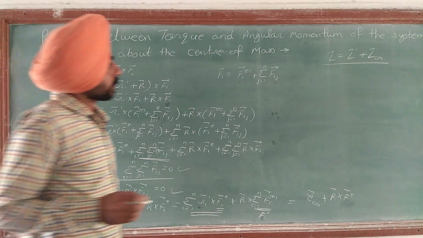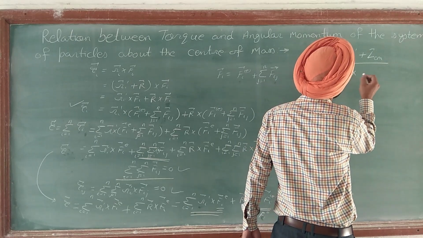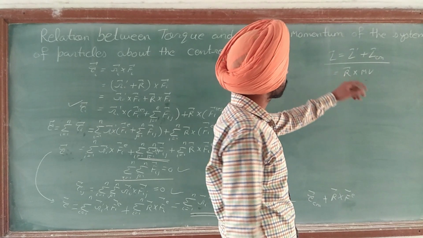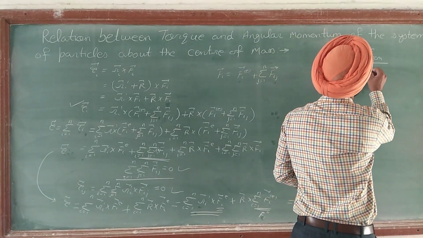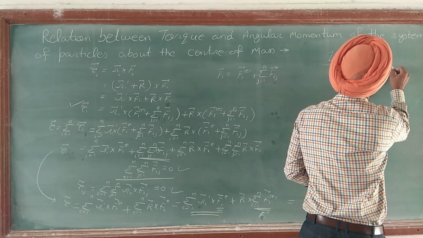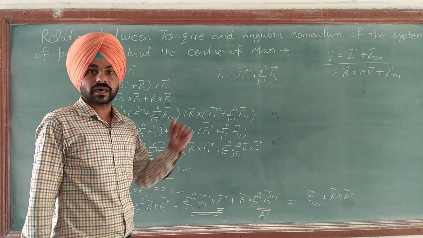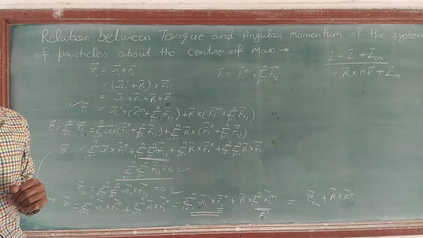So what was this L prime and LCM? This is R cross M into V. It's better to write in this form, where M is the total mass of the system and V is the velocity of the center of mass, plus LCM. Here vector R is the position vector of the center of mass with respect to the origin.